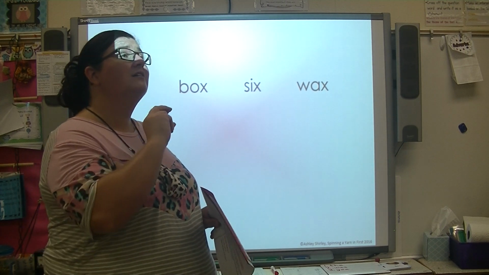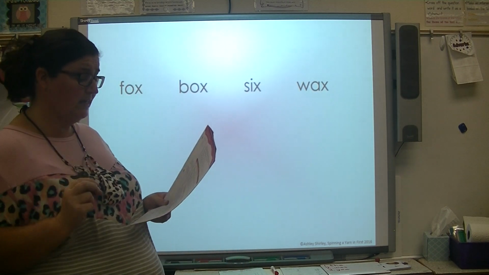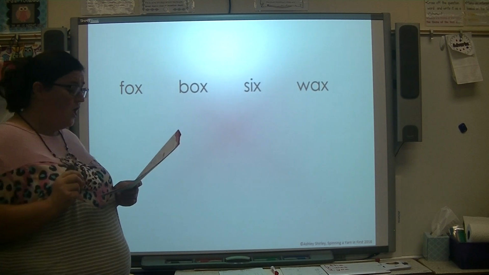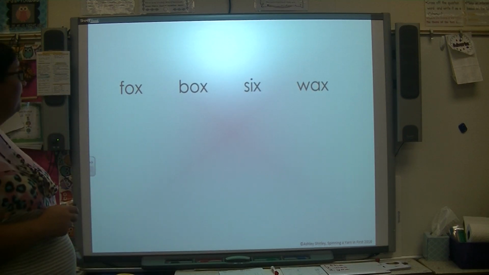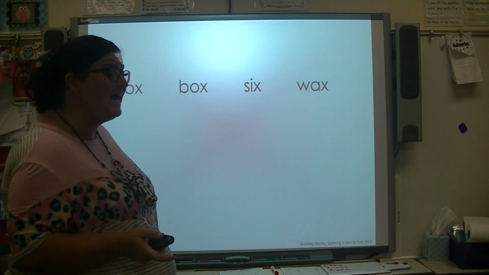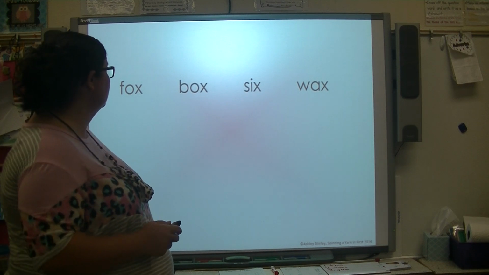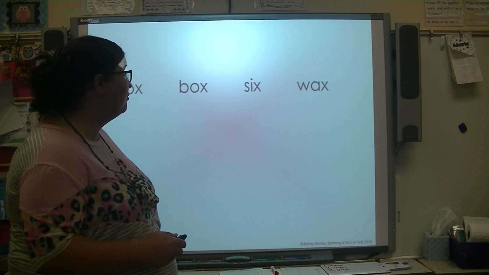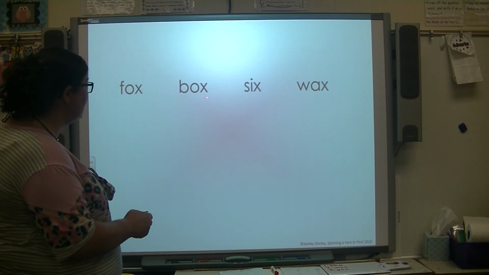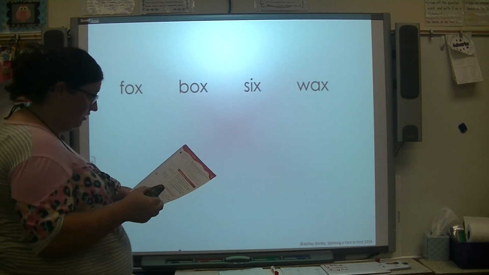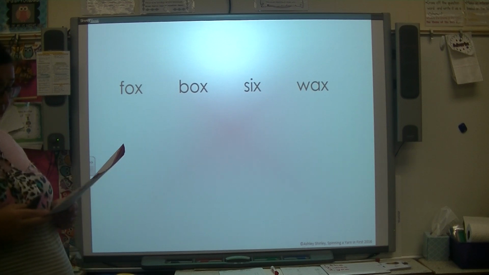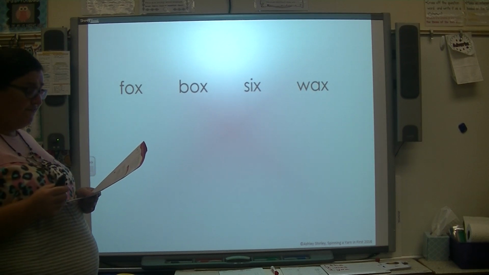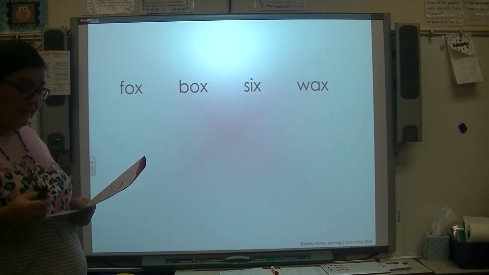It makes the x sound. Now if you look carefully, where do you see the X in all of these words? Yes, it's in the end. That's called the final position. X is usually found at the end of the word.